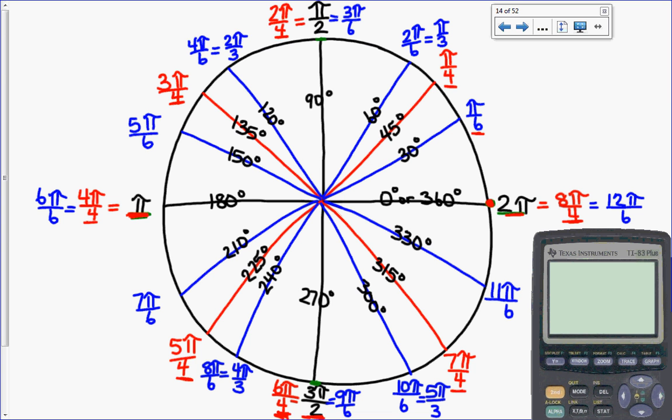So I've got 1 pi over 6, 2 pi's over 6, 3 pi's over 6, 4 pi's over 6, 5 pi over 6's, 6 pi over 6's, 7 pi over 6's, 8 pi over 6's, 9 pi over 6's, 10 pi over 6's, 11 pi over 6's, 12 pi over 6's. And again, in lowest terms, you can see that that does equal 2 pi.